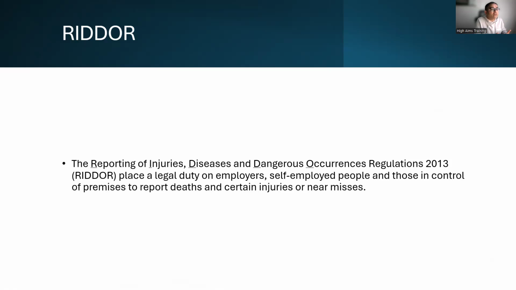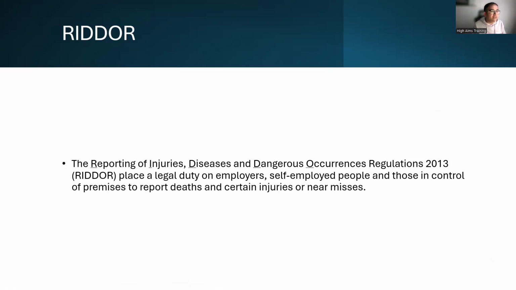That could be a local council or the Health and Safety Executive themselves, right? So under that regulation, the employer needs to report those categories to the enforcing authority.